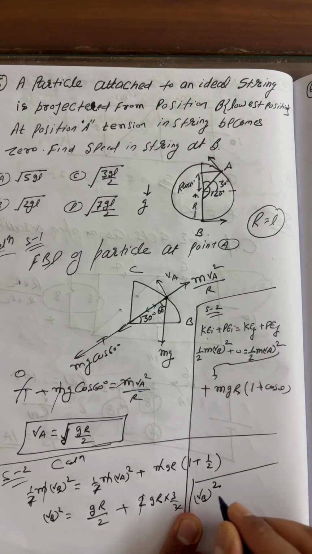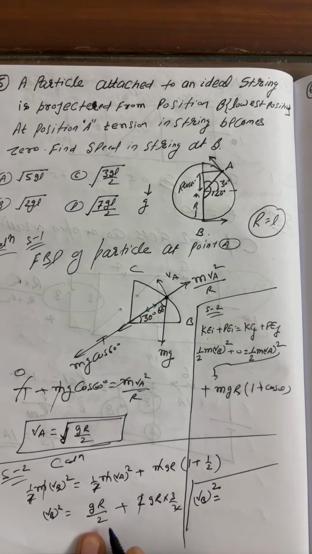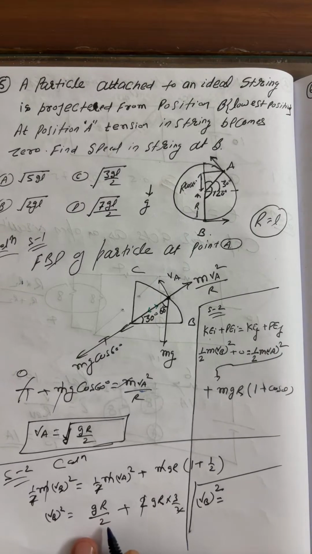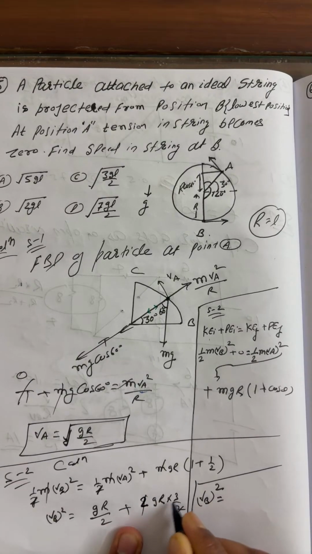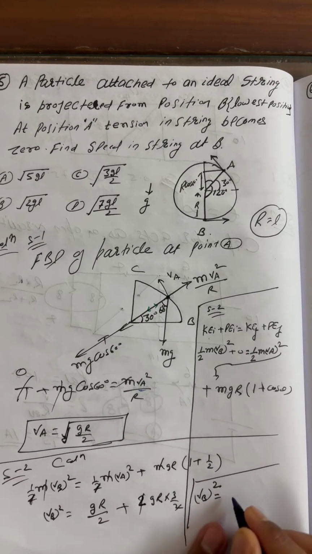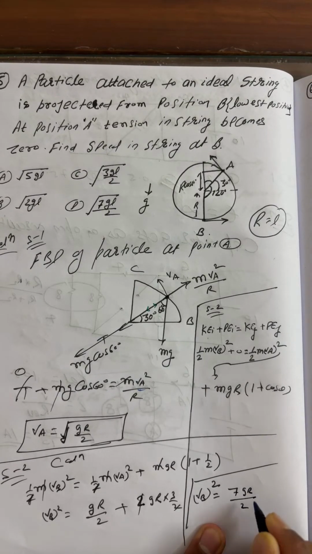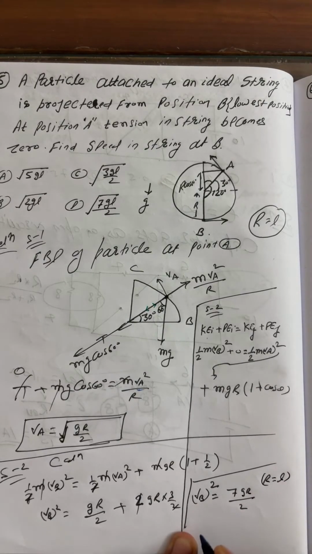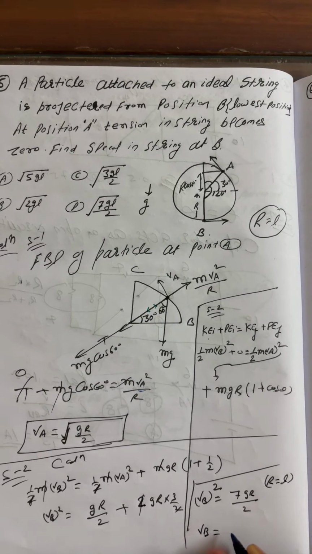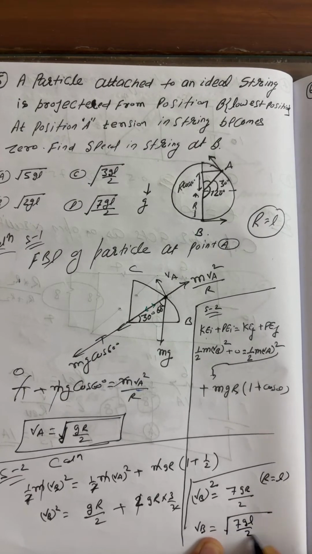V square equals GR by 2 plus, taking 2 as common, 3 into 2 is 6, 6 plus 1 is 7. So this is 7GR by 2. But R, students, I had already taken as L. So V, this is root of 7GL by 2.